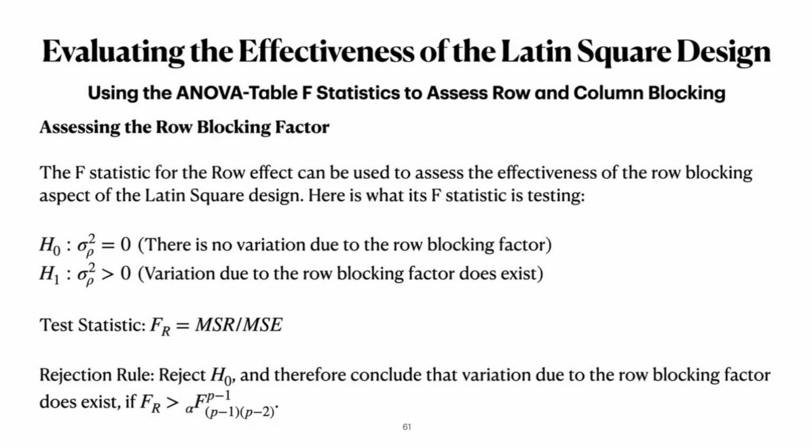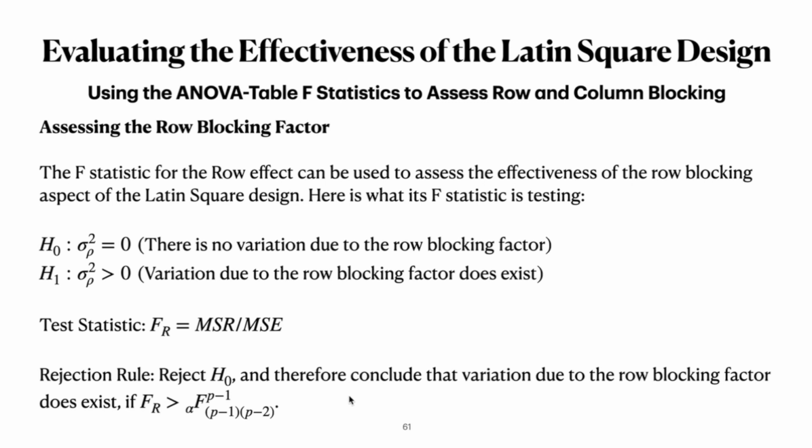The F statistic for testing these hypotheses is F sub r, the F statistic for the row blocking factor. That is equal to the ratio of the mean square for rows to the mean squared error.